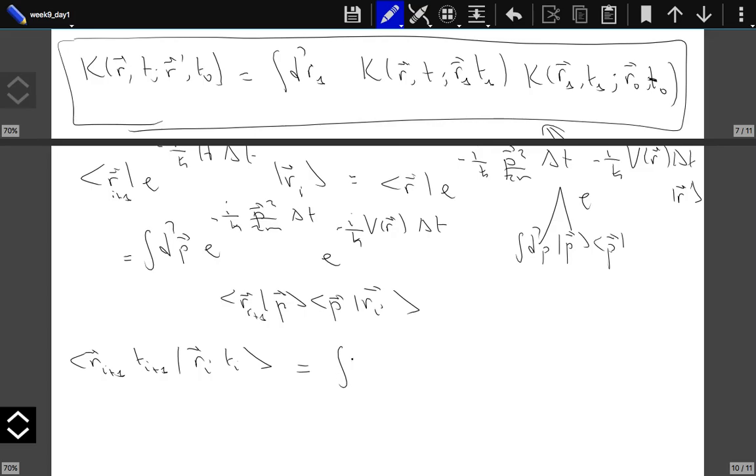This is equal to d cubed p, p e to the power minus i over h bar H delta t. Keep in mind, this H is not an operator anymore. I just replaced the momentum operator with the number p and the position operator with r_i.